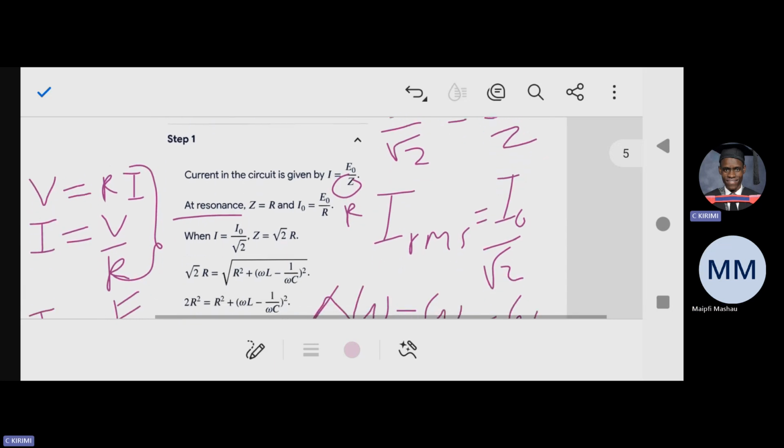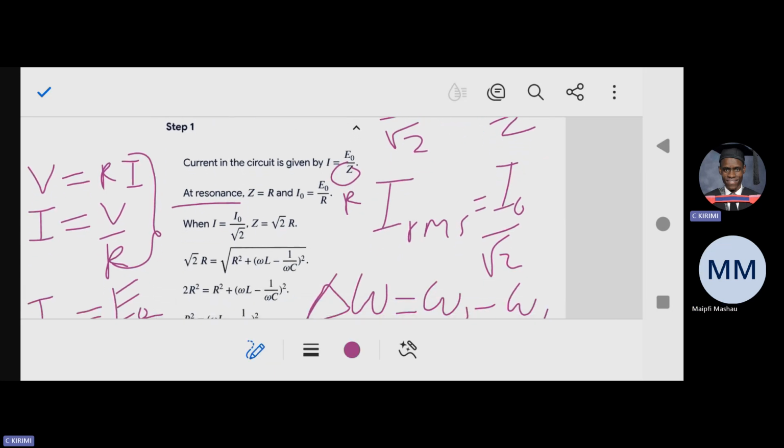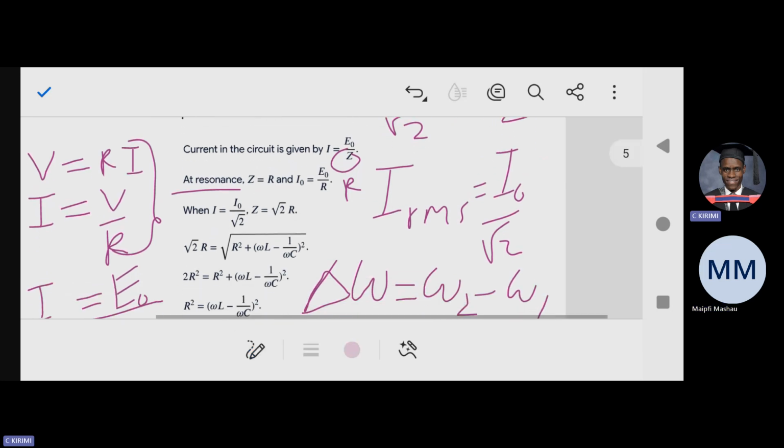So from here, once you explain your concepts, I naught is equal to E naught over R, which means you replace the Z. Z is equal to R at resonance. So when your current is equal to I naught over root of 2, what does that mean?